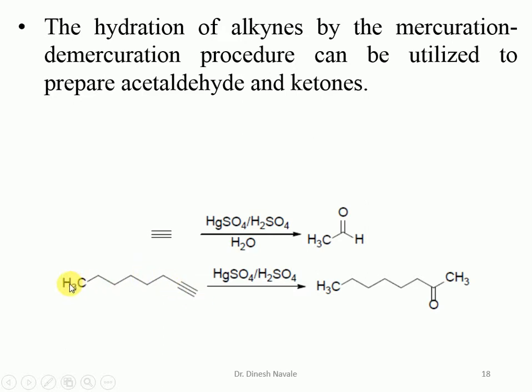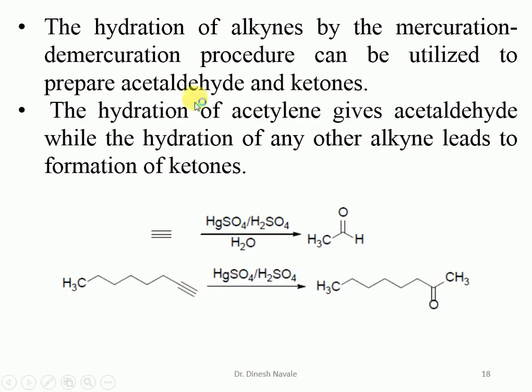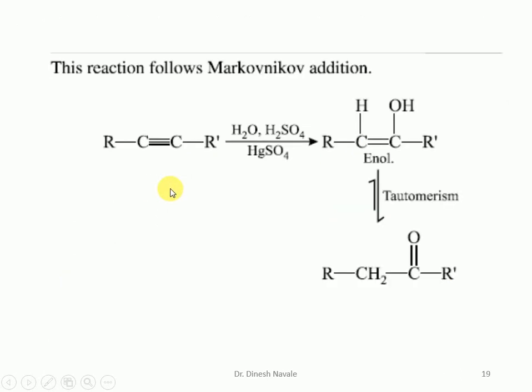This alkyne on reaction with the same reagent will give the formation of ketone, because this reaction goes only by Markovnikov's rule. The hydration of acetylene gives acetaldehyde, while the hydration of other alkynes leads to the formation of ketone. The reaction follows Markovnikov addition.